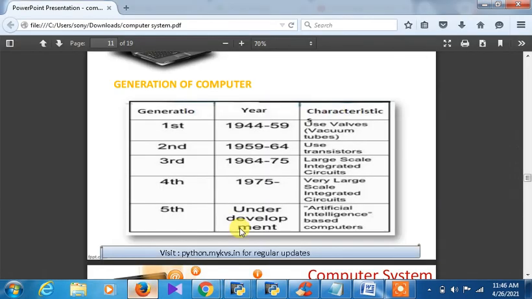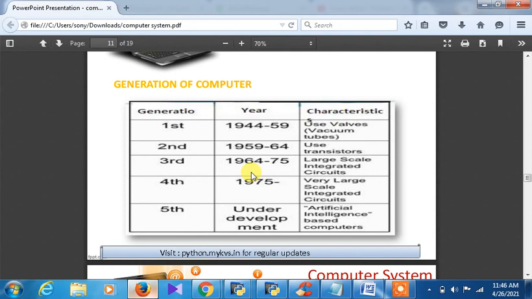All right. So now you see out here, third, 1964 to 75, large scale integrated circuits. Further, the transistors all were integrated, meaning many electronic parts have come into one place. Even further, the size of the computer has been reduced with the invention of integrated circuits. In between we have transistors.